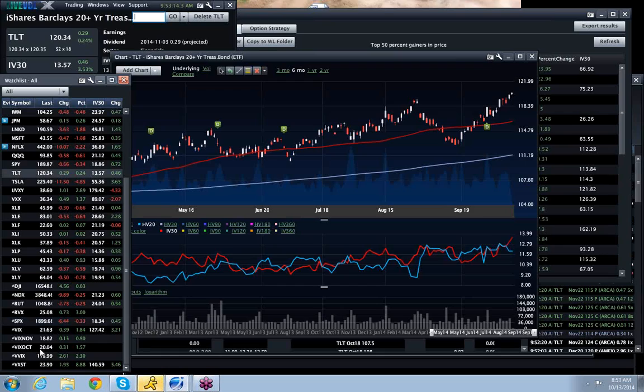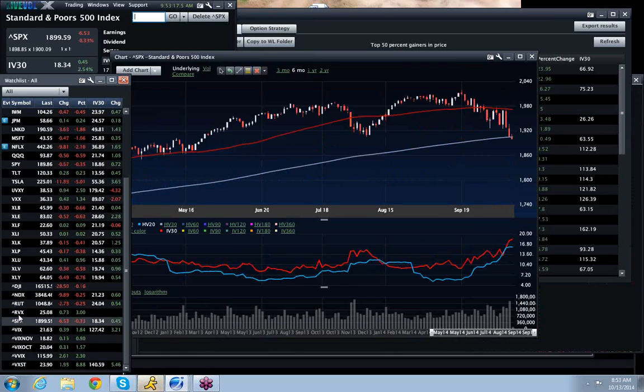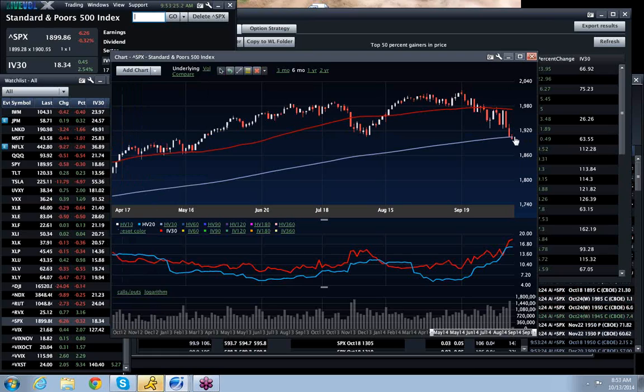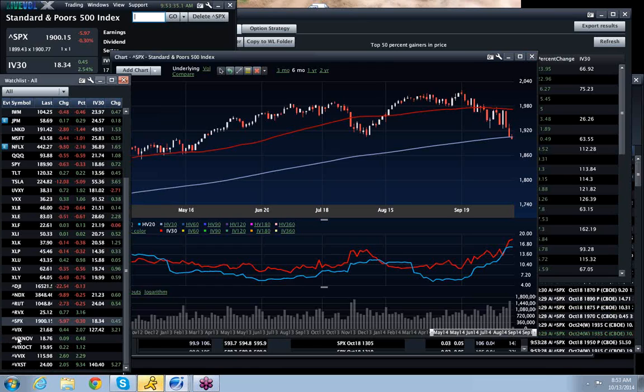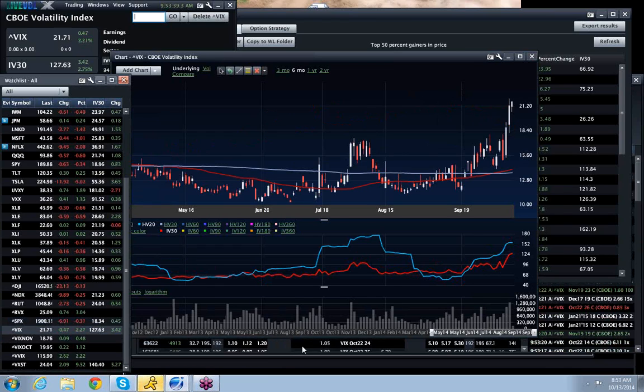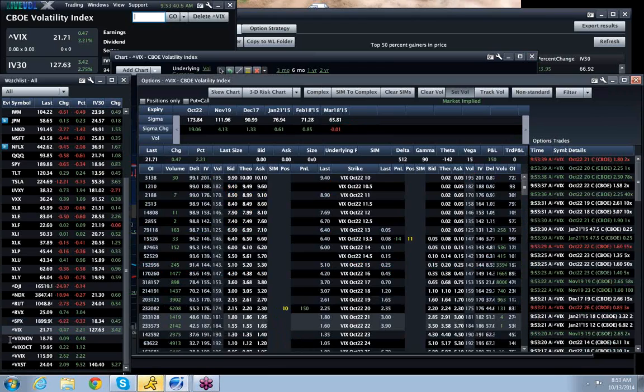So, I'm not sure I'm super enthused about the market's chances here if people don't step in and buy this 200-day, which right now does not appear to be happening. Vol is spiking. You see what I'm talking about. Every time we cross that 200-day, vol is going to spike. The October VIX is now about to break 20 in a really nice move.